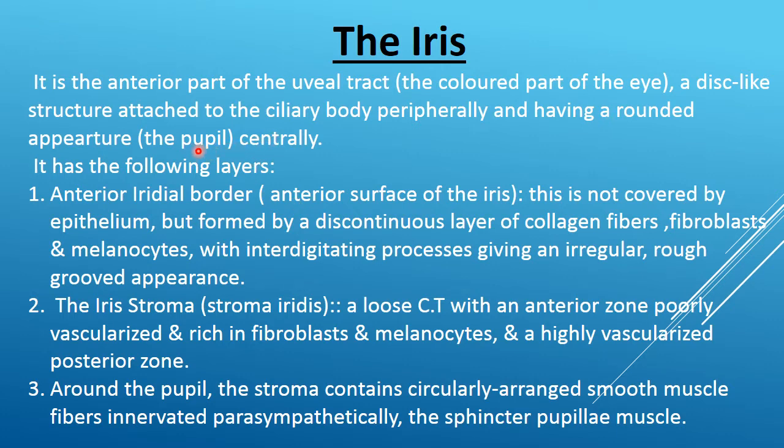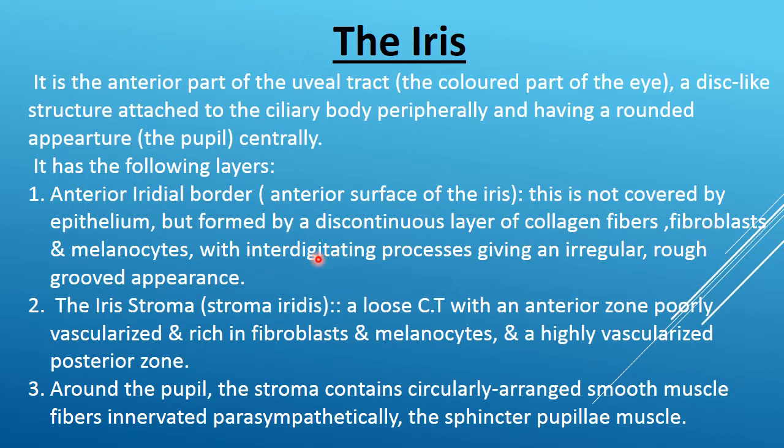The iris histologically has layers. Number one, it is having the anterior iridial border, on the anterior surface of the iris towards the anterior chamber. It is not covered by any epithelium actually, and this is having a discontinuous layer of connective tissue made up of collagen fibers, the fibroblasts and the melanocytes.